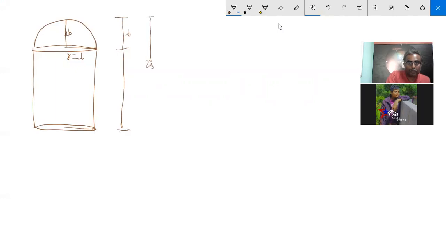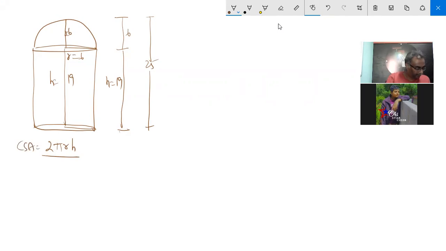What they have given is total height is 25. So height of the cylinder is 19. H is equal to 19. Okay. Now we have to find out 2 pi r h. That is the CSA of the cylinder. Correct.